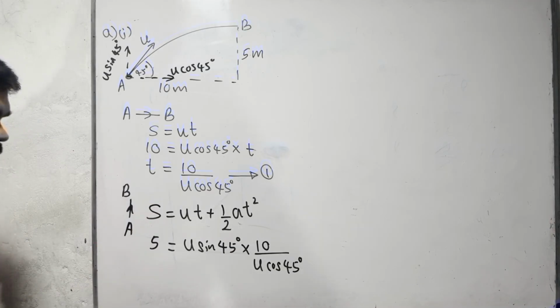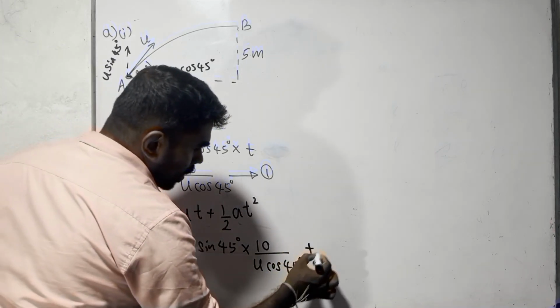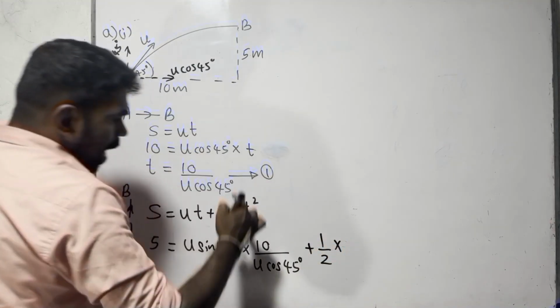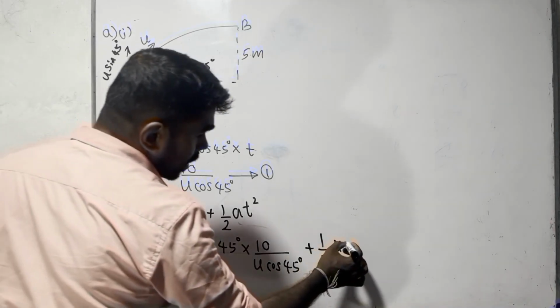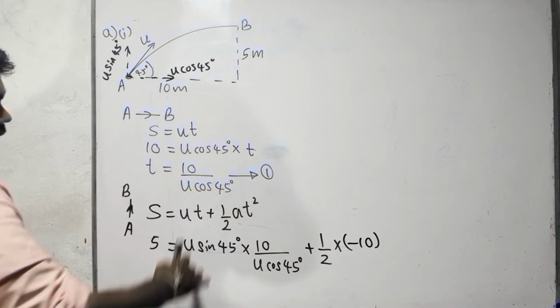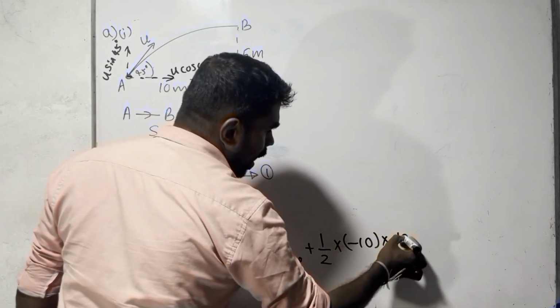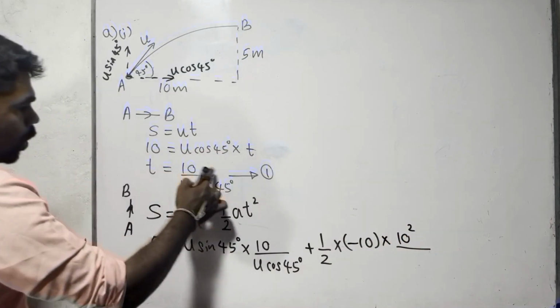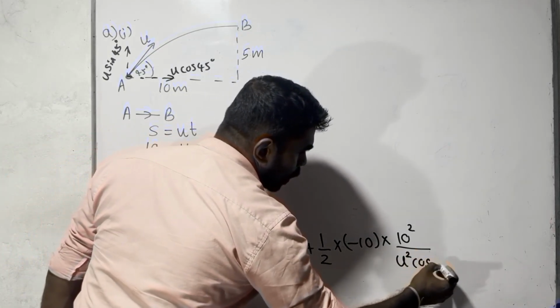I will simplify without substituting the sin or cos value. Plus half into acceleration in the downward direction, but we are using the equation in the upward direction. Therefore, acceleration is minus 10. T squared, the square of time, means the square of this term. We can substitute 10 squared divided by u squared cos squared 45.